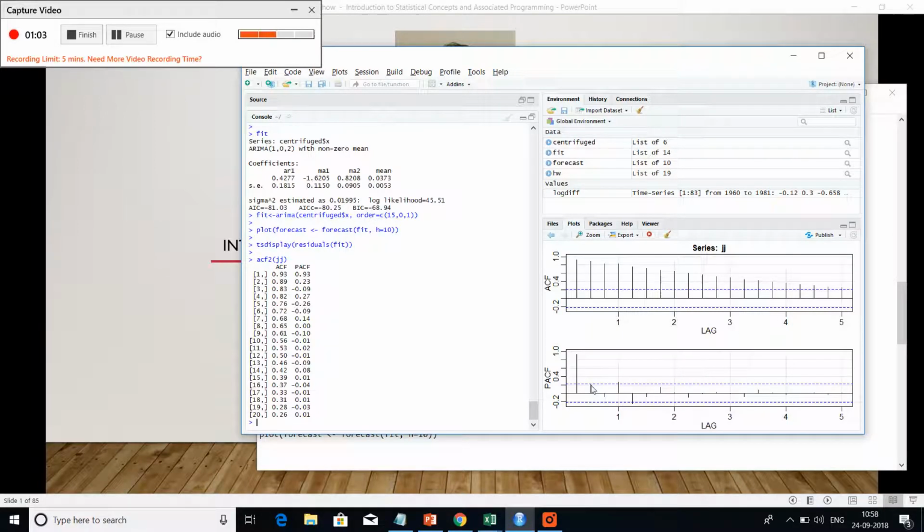And the partial correlation is the one which shows the correlations, the values which would not be explained by the ACF correlations. And so looking at this, you can decide on the number of lags. So essentially, ACF is telling you how a given value is correlated with the previous lagged values.